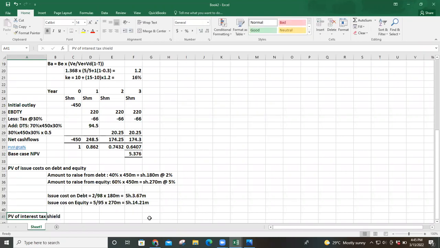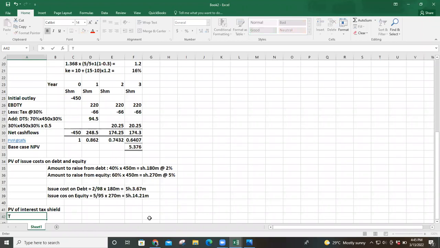So the total amount to raise from debt should be equal to the amount that the project required, which is 180 million, plus the issue cost of 3.67 million. That equals 183.67.